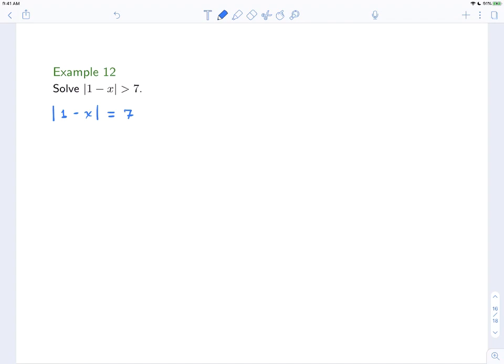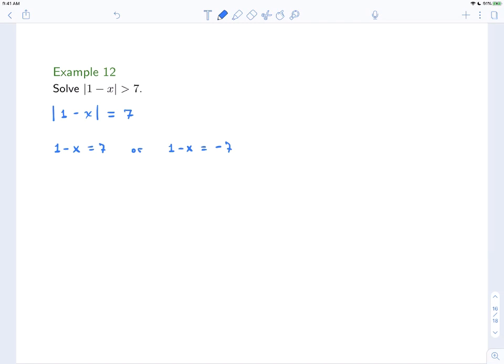All right, so we have some quantity and its distance away from 0 is 7. So that means it's either 7 or negative 7. So 1 minus x is either equal to 7 or 1 minus x is equal to negative 7, like so.